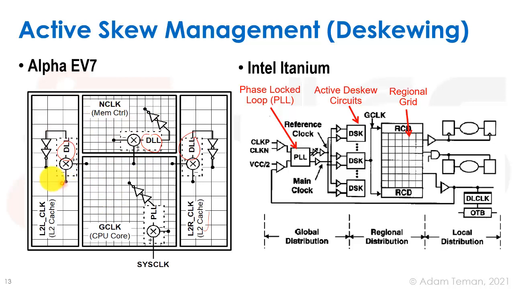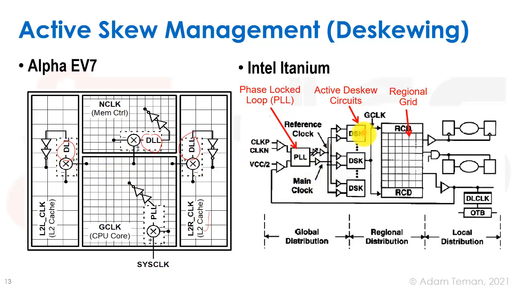But then we get skew between these different clock meshes, and so what they do is they take a piece, they sample the clock over here on this mesh, and put it into a DLL, a delay locked loop, which changes the phase of the clock that goes into this area, and then we have a balanced clock between these two parts, etc.